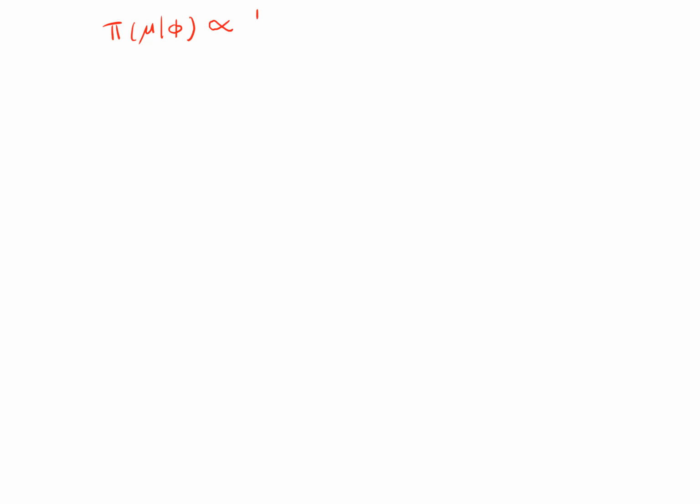Let me start with sigma first, so it's less confusing. So what do we have? We have 1 over 2 pi sigma 0 squared. Again, let me just write it here. Mu given sigma is normal.